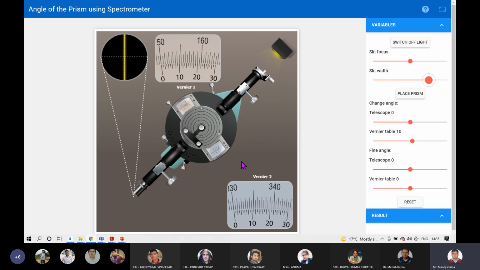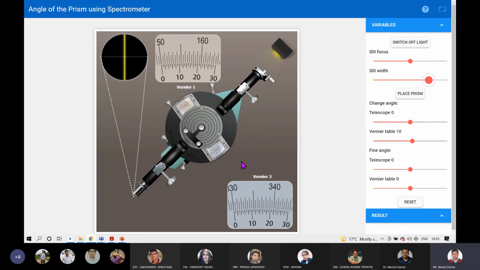Suppose in a particular case you are not able to get a very good vernier matching on one scale, then maybe on vernier 2 you are able to get a very good reading. Then you take the average of the observations from vernier 1 and vernier 2, and hence the error will reduce.